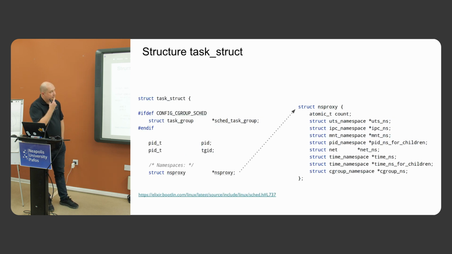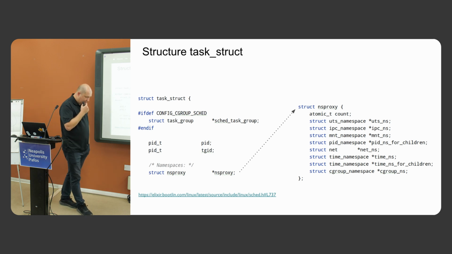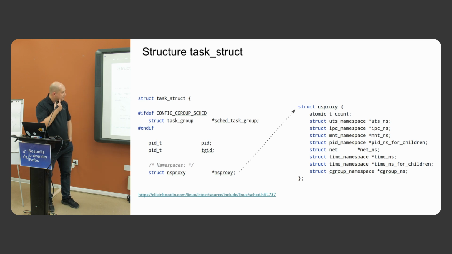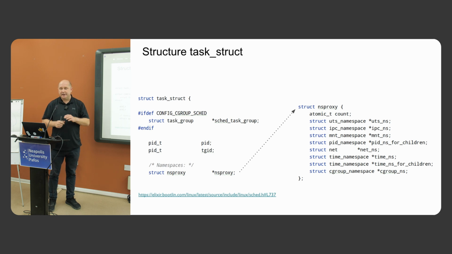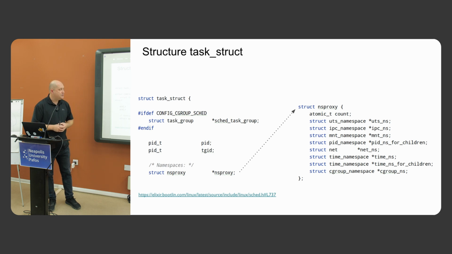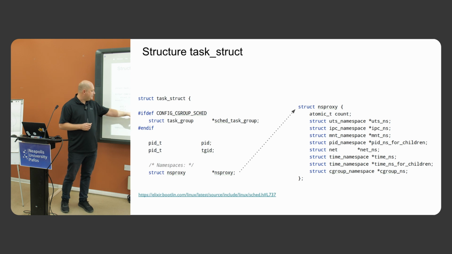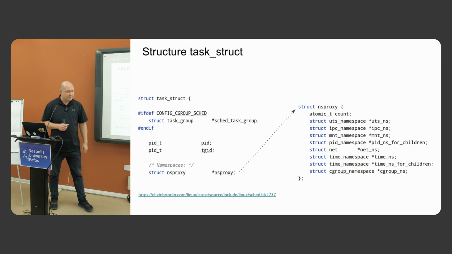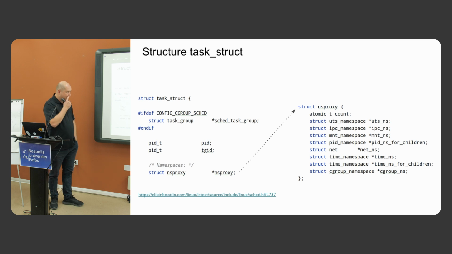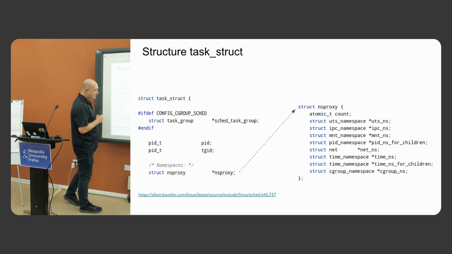If we go deeper into the Linux source code, we will see the following. This is task struct. Task struct is a structure which contains information about some process or thread. For us, it doesn't matter, right? And we see here PID, we see here thread group ID, right? And also, we see here NS proxy.